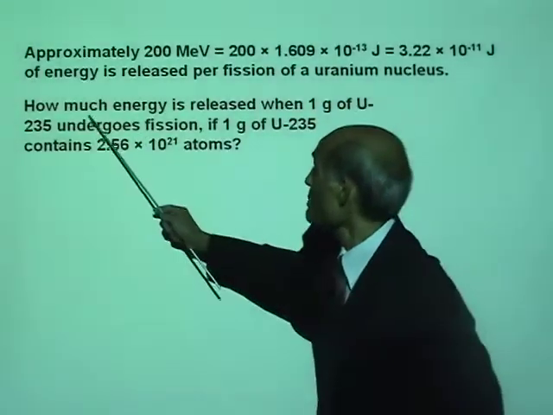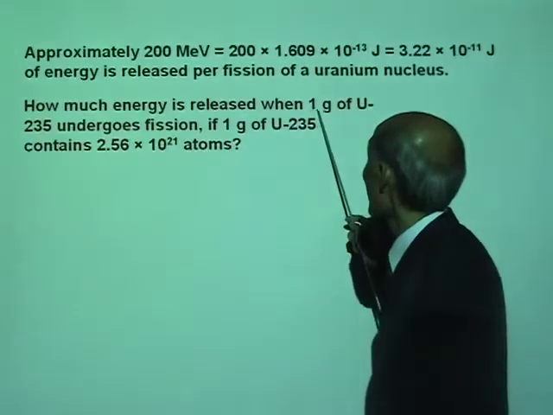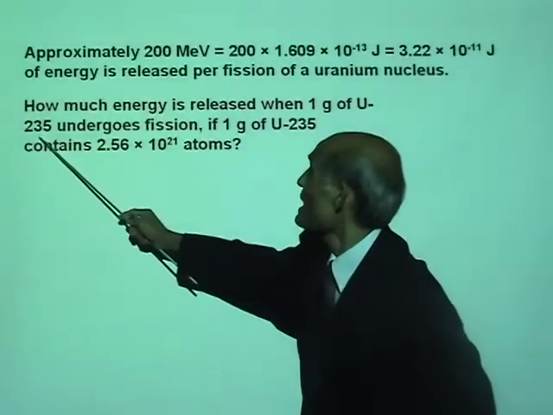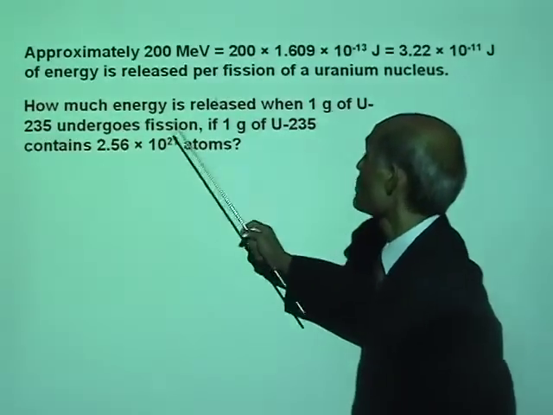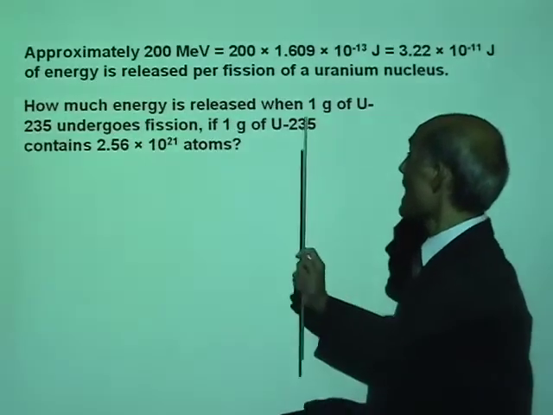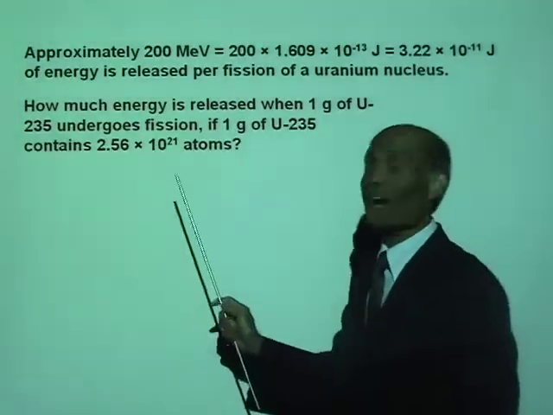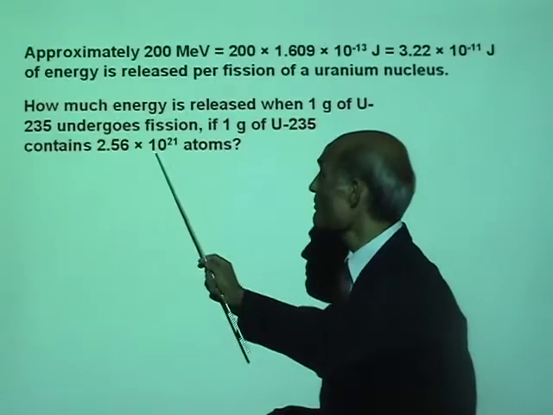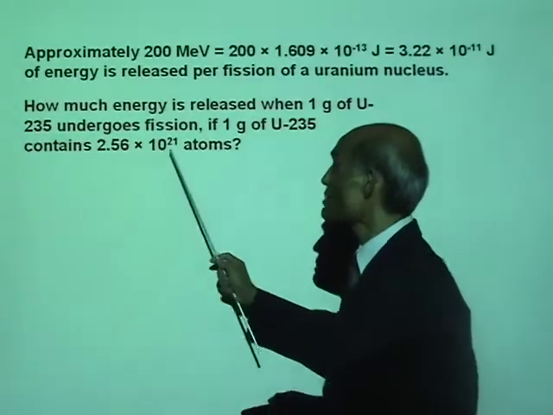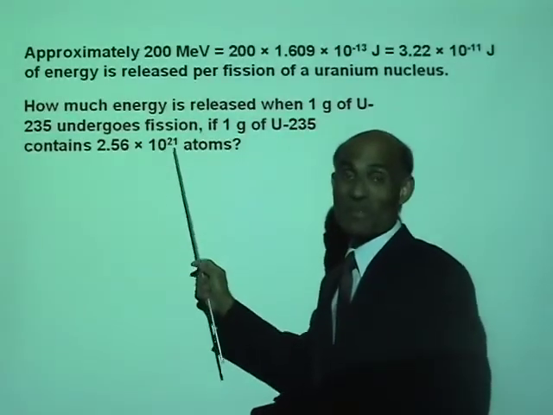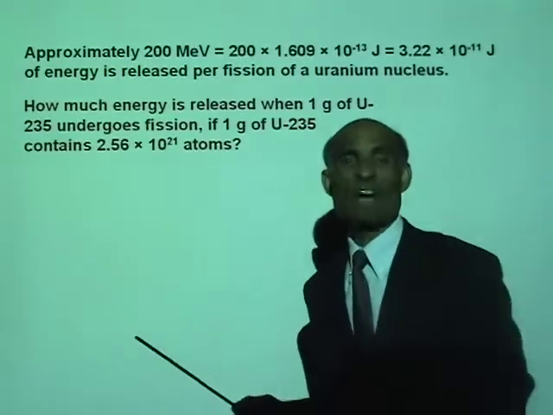Well, how much energy is released when 1 gram of uranium-235 undergoes fission? 1 gram of uranium-235 contains 2.56 times 10 to the 21 atoms. There are trillions of atoms there.